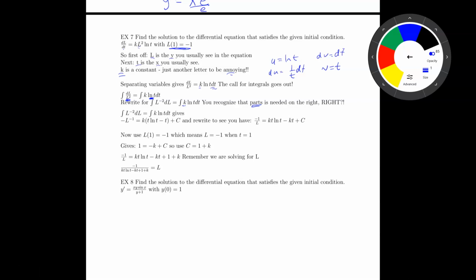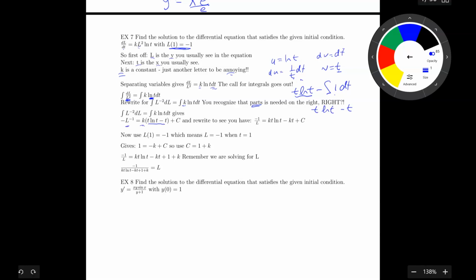So then you get uv, so t ln t, minus the integral of v du, so t times 1 over t, so you just get 1 dt, so t ln t minus t. Okay, that's where all of this comes from, right? And then you keep the k on the outside. And I took the antiderivative of this side.